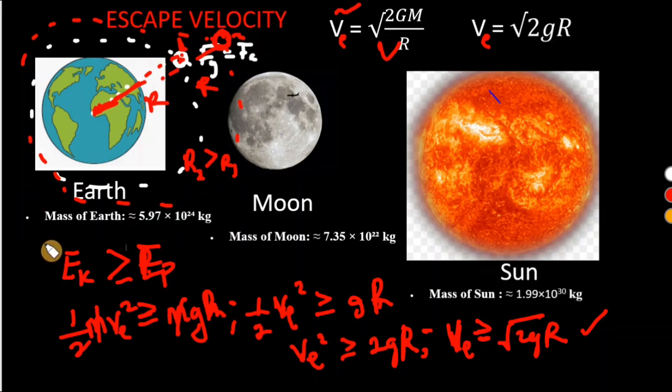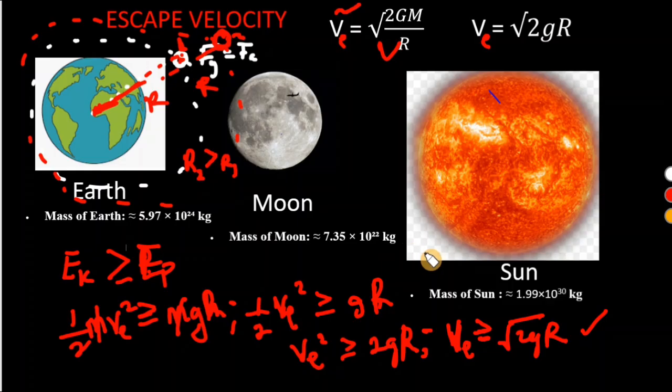And the more gravitational pull a body has, the more kinetic energy is needed for a body that moves around it to escape free from the gravitational influence, as I have discussed here.